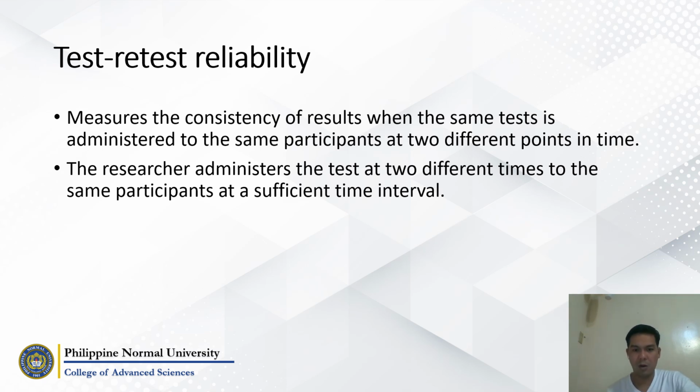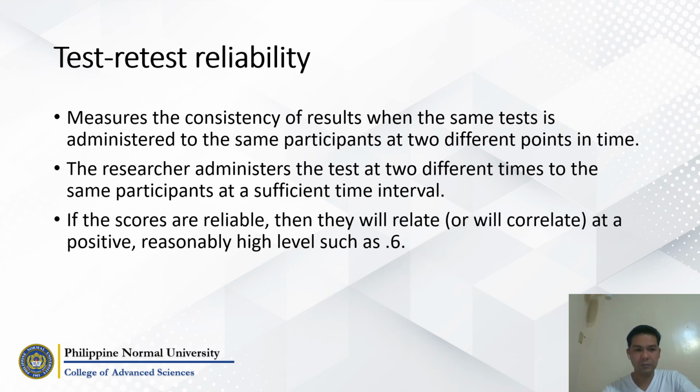Determining what is a sufficient time interval is always at the discretion of the researcher, depending on its purpose and its assessment on how long the gap should be, so that you are now ready to conduct the test to the participants.